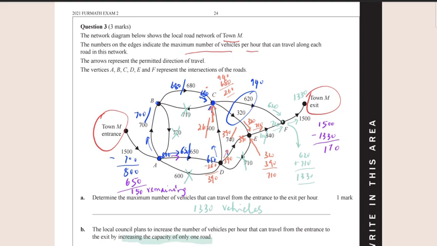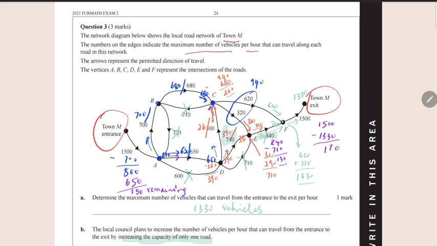If we look at all the edges that had a balance, they were this one, because only 390 out of 740 went through, and then 710 out of 840 went through here. Now, if either of these two edges could be increased, let's see by how much. 840 take away 710 is 130.